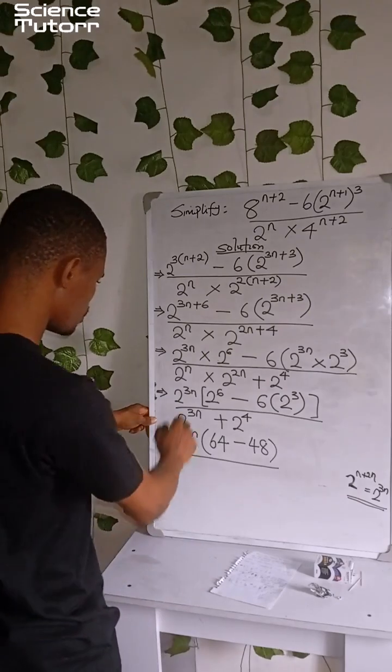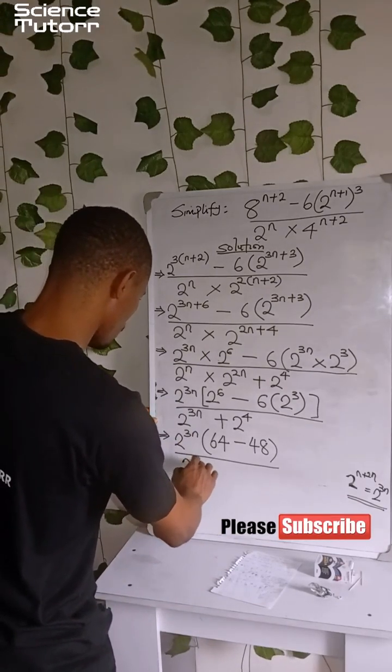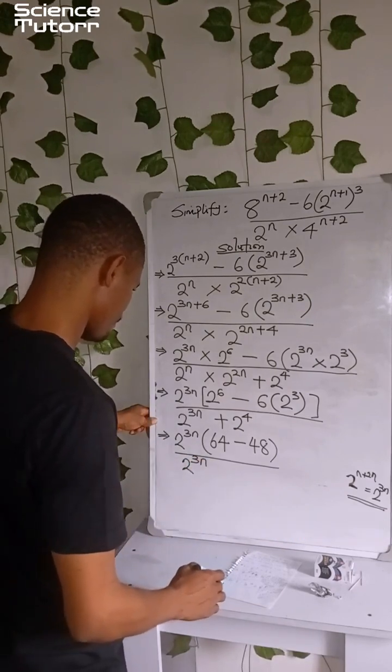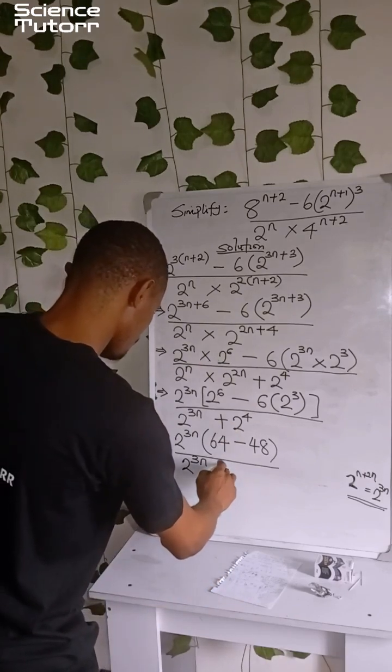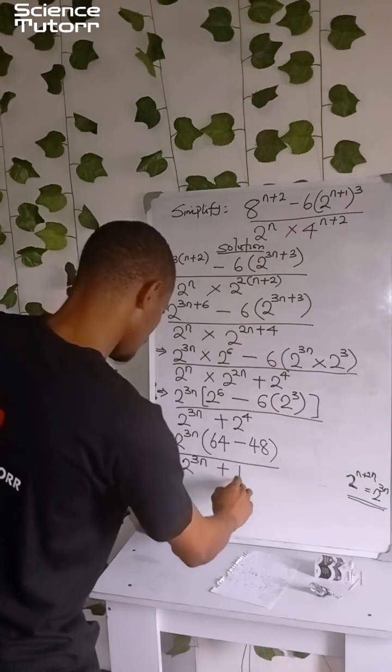The denominator, we have 2 raised to power 3n times 16.